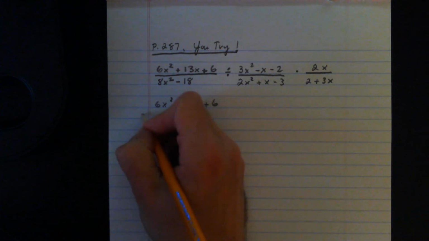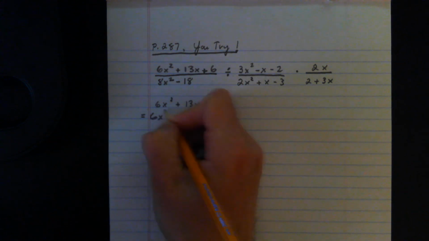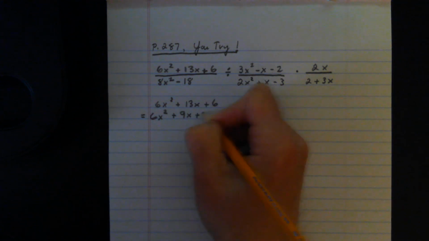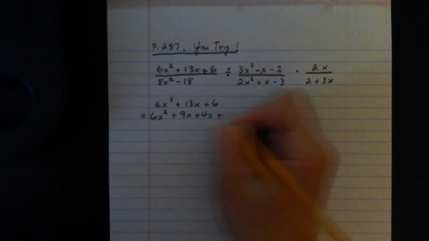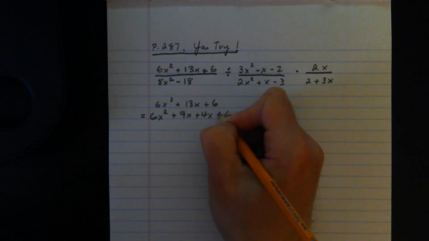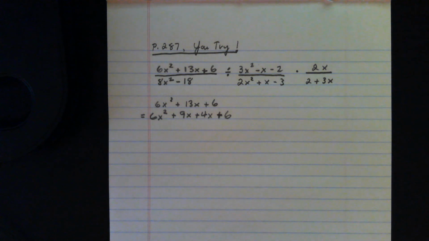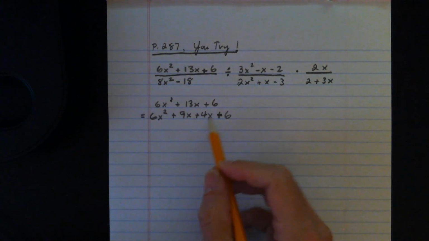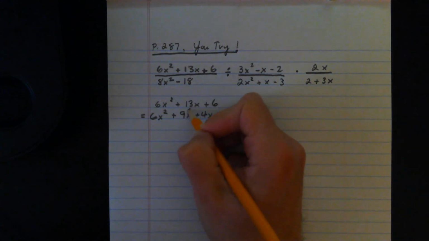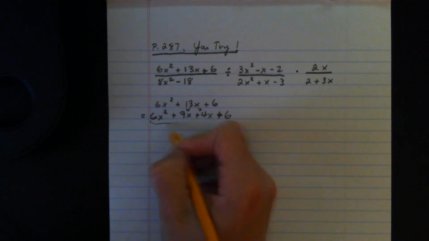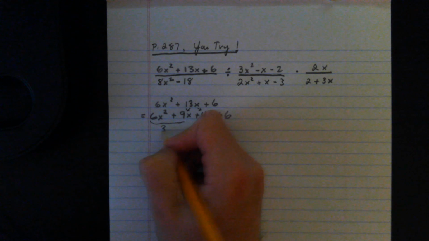So I can rewrite this as 6x squared plus 9x plus 4x plus 6. I'm going to do the factoring fairly fast here, so hopefully your factoring is in order, because there's going to be a lot of factoring in this question. Now it's a groupable expression, and I just broke that up using the decomposition method. Here my GCF is 3x.